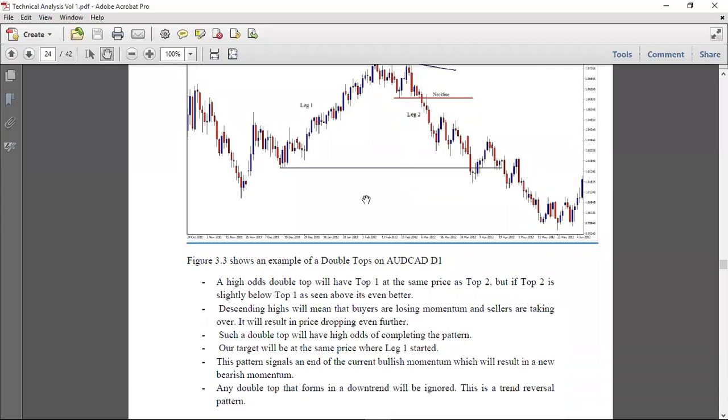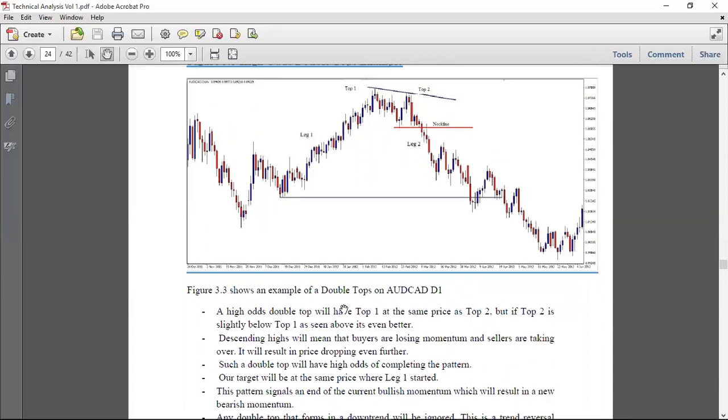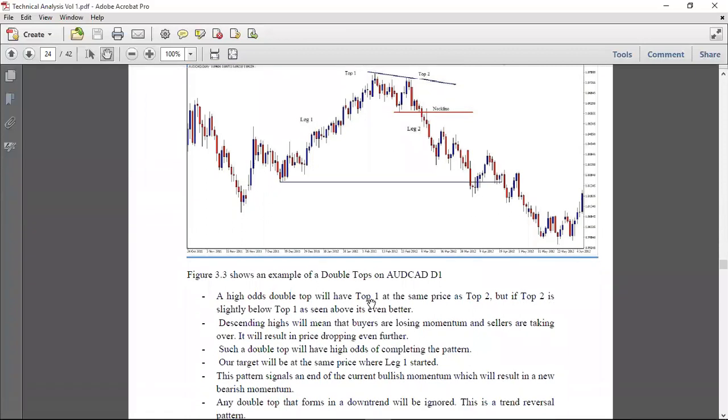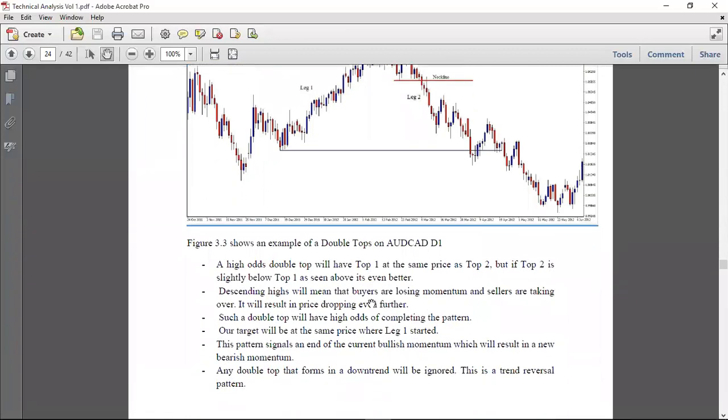A high odds double top will have top 1 at the same price as top 2. But if top 2 is slightly below top 1, it's even better. So descending highs will mean that buyers are losing momentum and sellers are taking over.